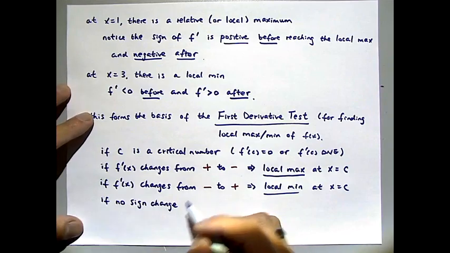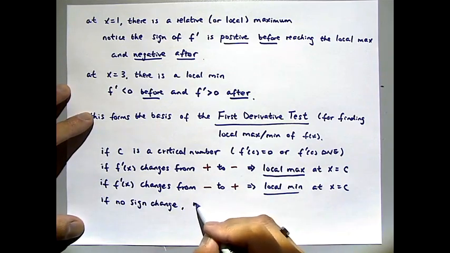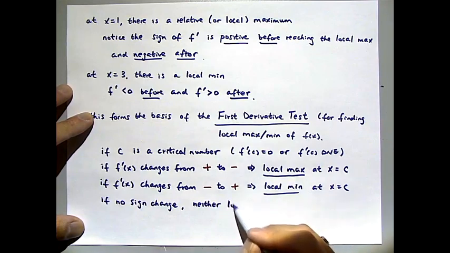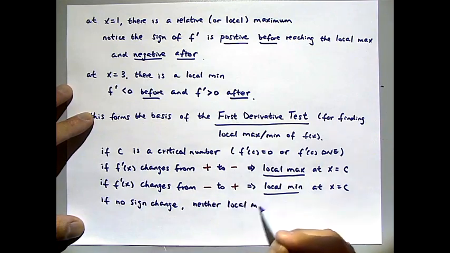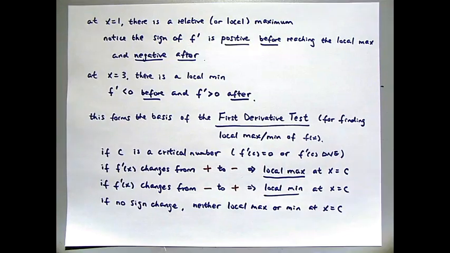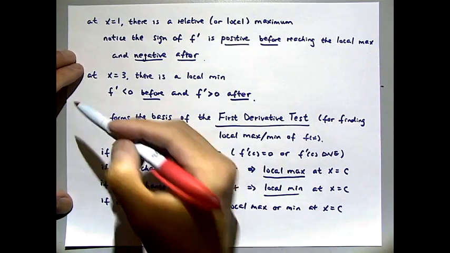If there's no sign change, then we have neither a local maximum nor a minimum at x is equal to c. We have to see a sign change.